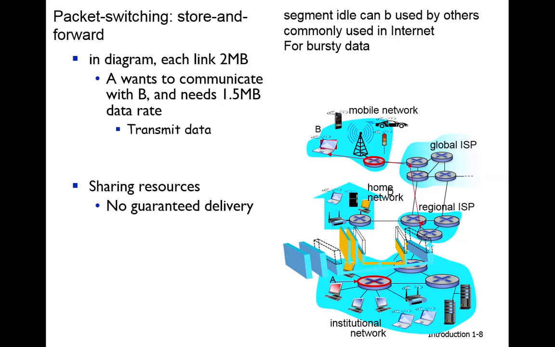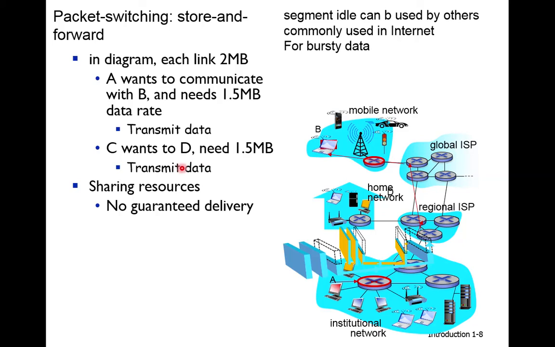Suppose A is transmitting data to B at a 1.5 MB data rate. Now suppose that C wants to send data, and C also sends at a data rate of 1.5 MB.